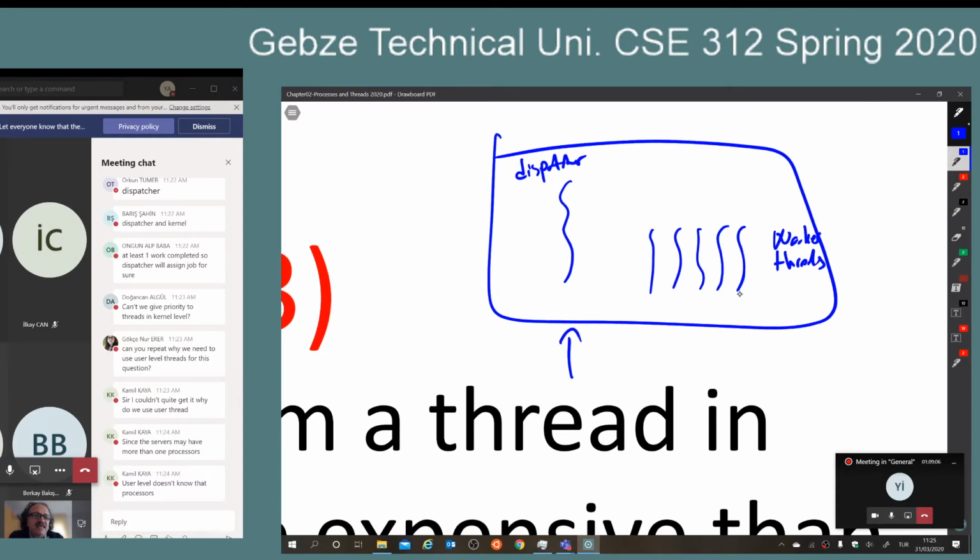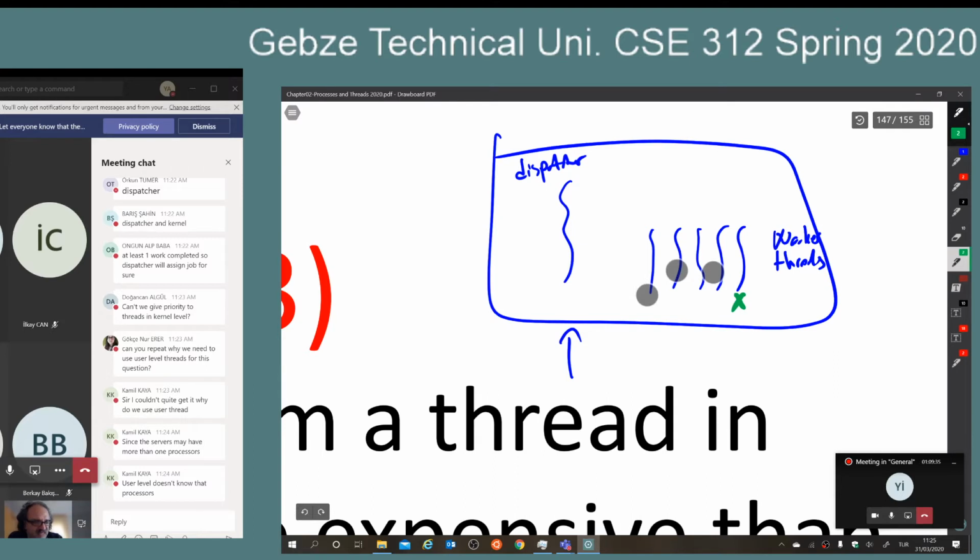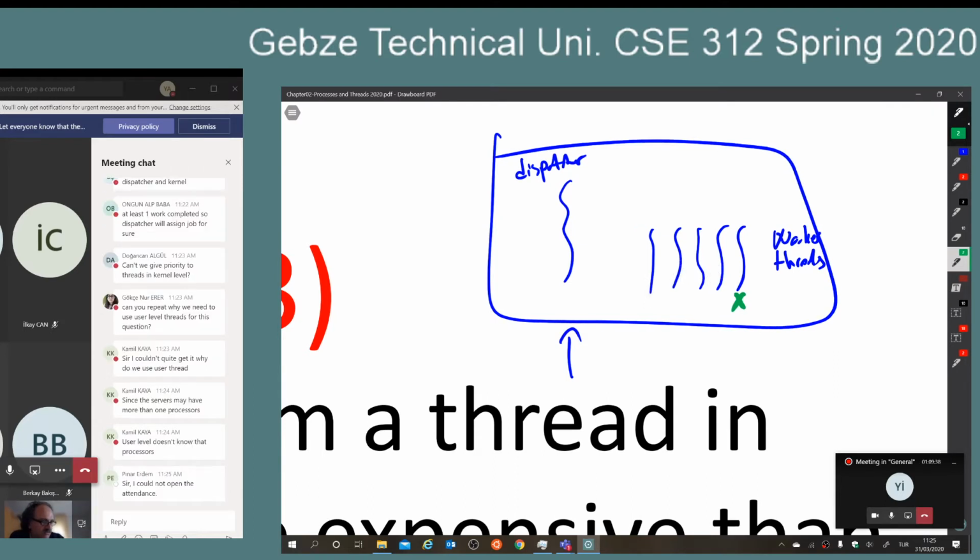Let's say this one has blocked and is not continuing. So what should be my decision? Which one should run next? This one, this one, this one, or this one? If the scheduler is a user level scheduler, that means that I can modify it. I know what's going on with the scheduler. I can modify it so that it runs the dispatcher next, because without it starting, these four have nothing to do.